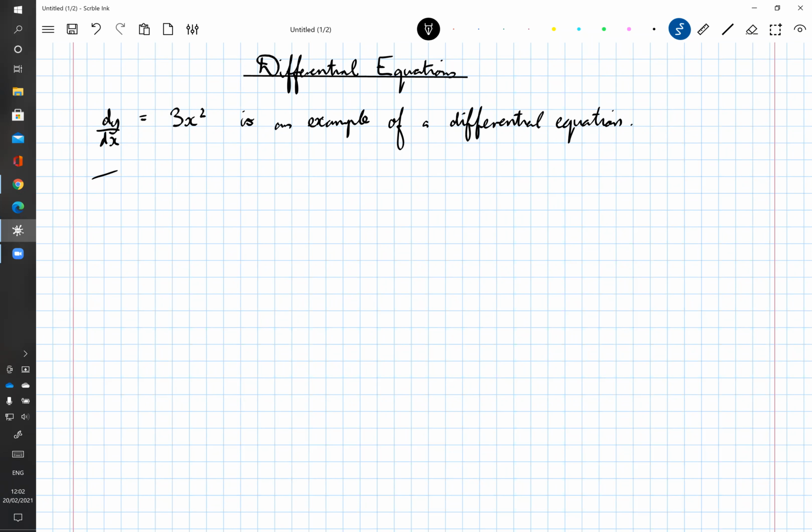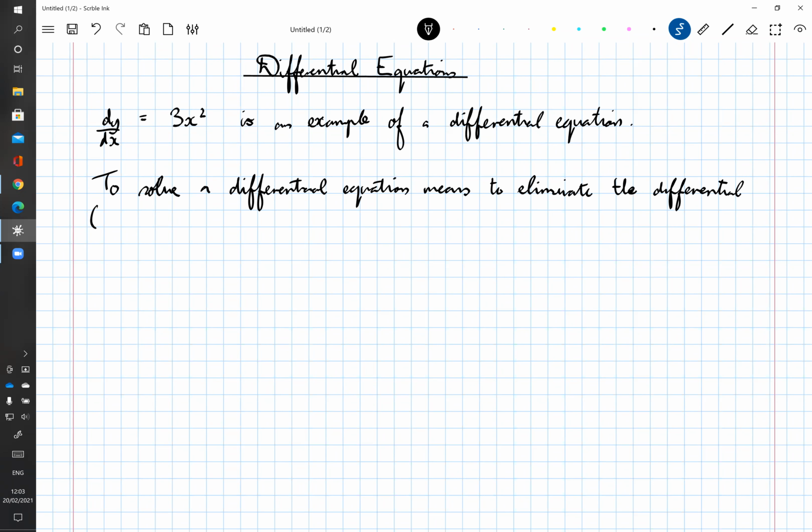To solve a differential equation means to eliminate the differential, usually by integration.